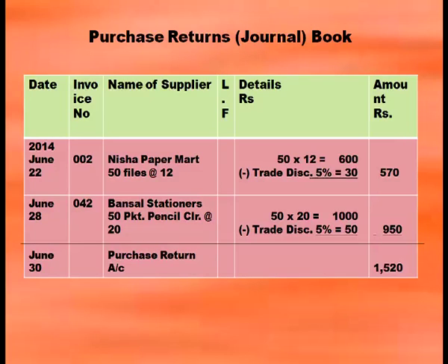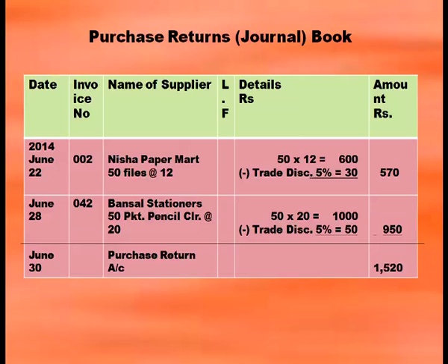What items we have returned? 50 packet pencil color at rupees 20. So, 50 into 20, 1000, trade discount 5%, 1000 into 5 by 100, that will come to 50. 1000 minus 50 will give you 950, net amount 950 will come in the amount column.